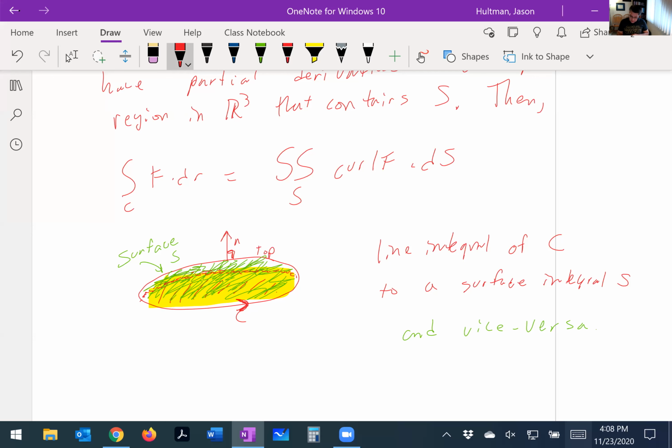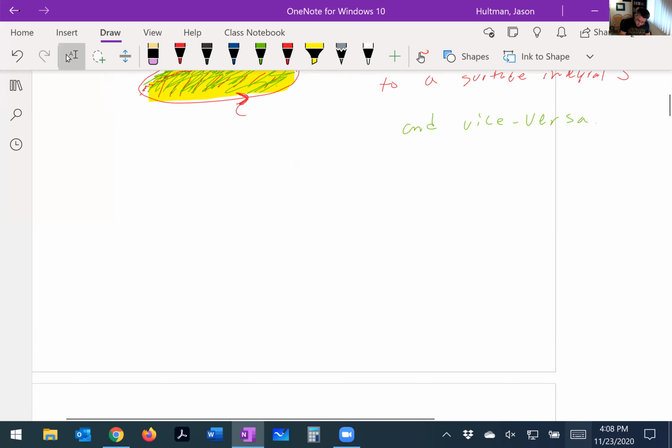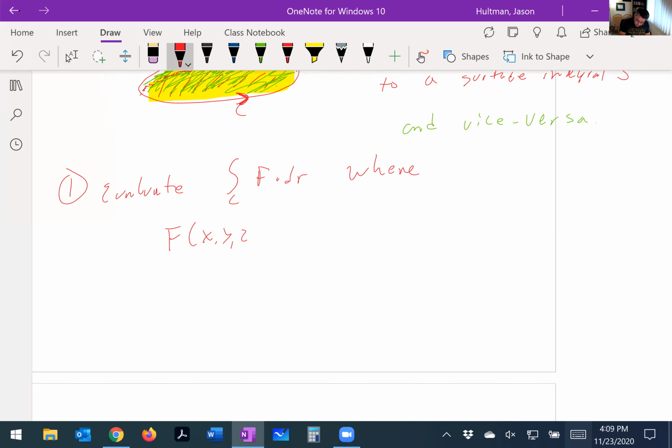So number one here. Evaluate the line integral over C of F dot dr, where F of x, y, z is equal to negative y squared i plus x j plus z squared k.